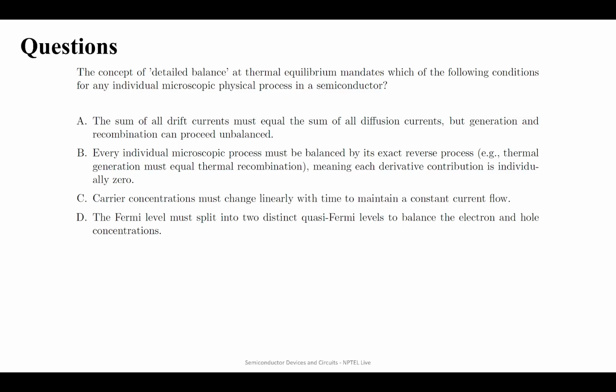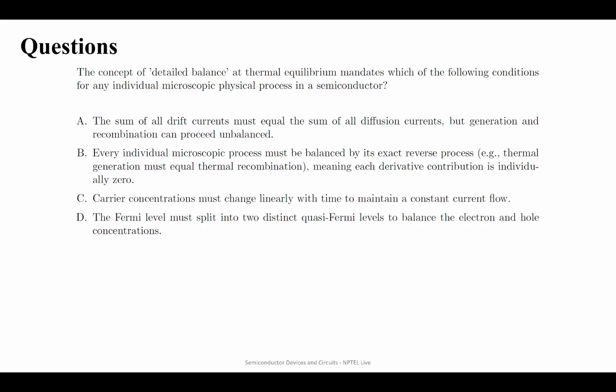The concept of detailed balance at thermal equilibrium mandates which of the following conditions for any individual microscopic physical process in the semiconductor? The sum of all drift currents must equal the sum of all diffusion currents, but generation and recombination can proceed unbalanced.